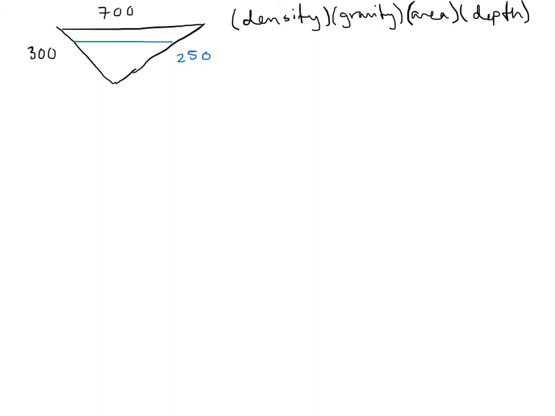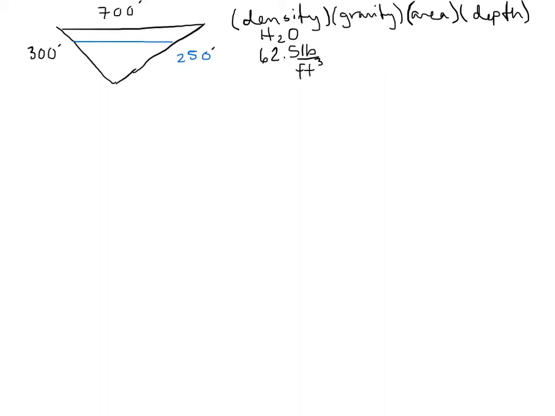These are all separate pieces that we'll have to think about. Now I would give you the density. The density of water is 62.5 pounds per cubic foot. And all of these measurements, by the way, are in feet.